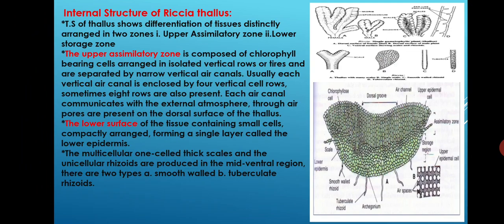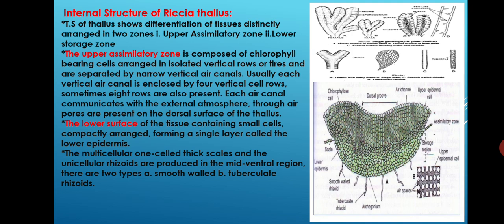Next is the internal structure of the Riccia thallus. The TS of Riccia thallus clearly shows two distinct regions: the upper assimilatory zone, or assimilatory region, and the lower storage zone, or storage region. The upper assimilatory zone is composed of chlorophyll-bearing cells arranged in isolated vertical rows or tiers, separated by narrow vertical air canals.